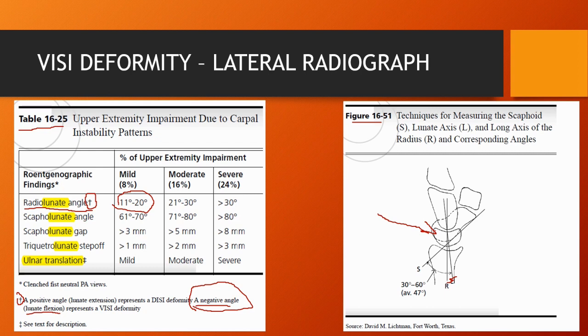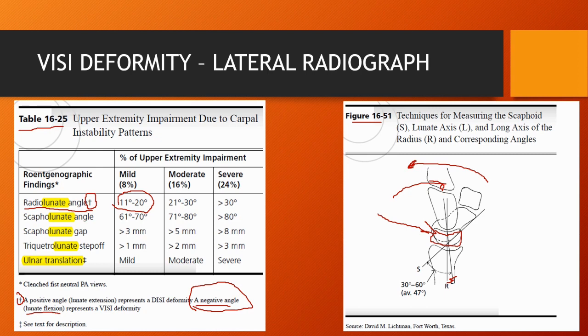So when this lunate is in a normal position of either rotation in this direction toward the negative angle direction, or in rotation in this direction towards what would be a positive angle direction, 0 to 10 degrees in either direction is the normal range of position of the lunate bone.